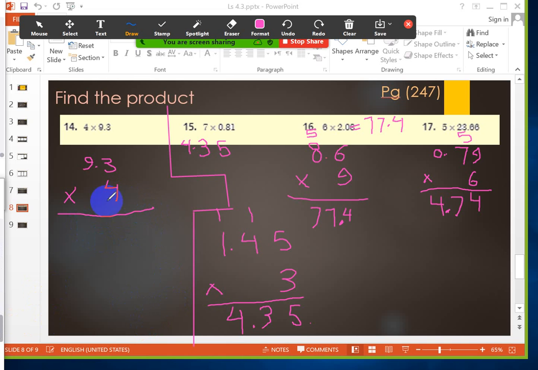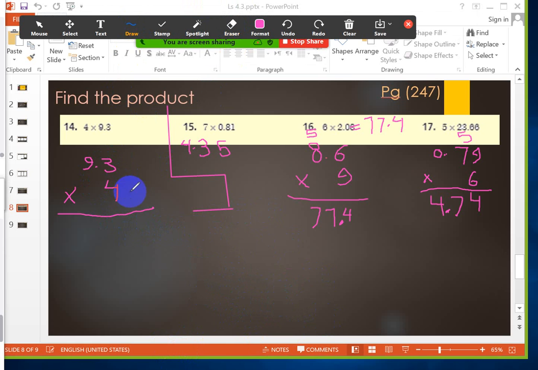4 multiply, yes, I want to use here partial product. So that means I will multiply 4 with the value of each number. What is the value of 3 here in the tenths digit? You can hear me? Yes, I can hear you, girls.